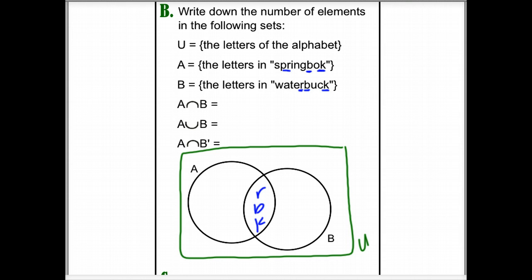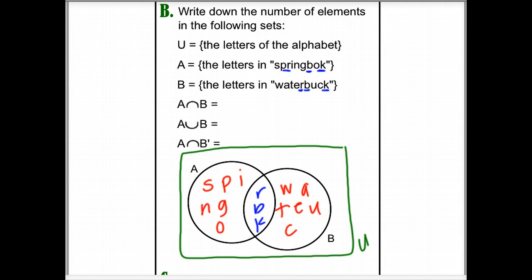That leaves me with S, P, I, N, G, and O over in set A, and in B, it's W, A, T, E, U, and C.